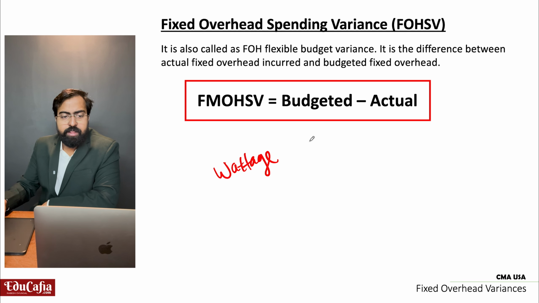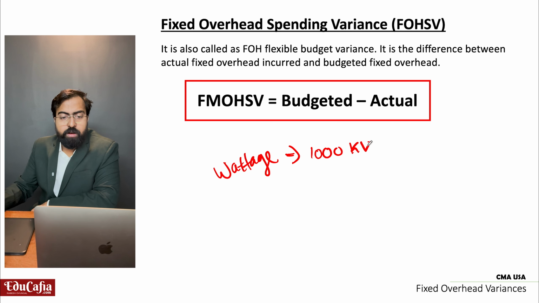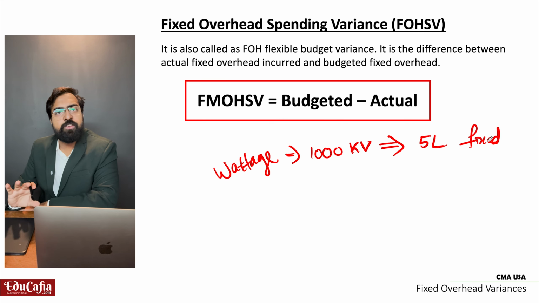Currently, for example, the total watts we are using may be 1000 kV. For that 1000 kV, maybe 5 lakhs fixed cost will be there. So up to 1000 kV there is no problem.